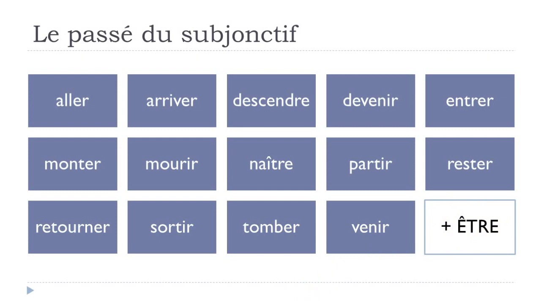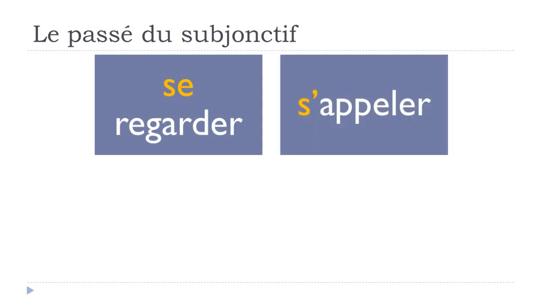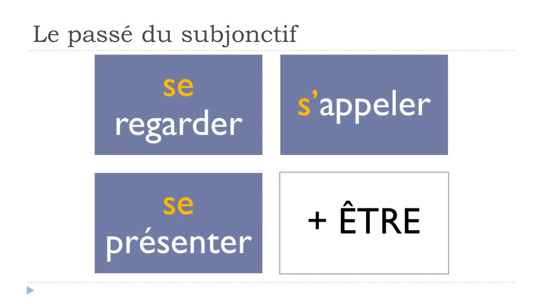Okay? And then, of course, as we saw previously, all the reflexive verbs, so se regarder, s'appeler, for instance, se présenter, they will require être. So as long as you've got these verbs, you know, se something, then you should keep in mind that you will have to construct them with être.